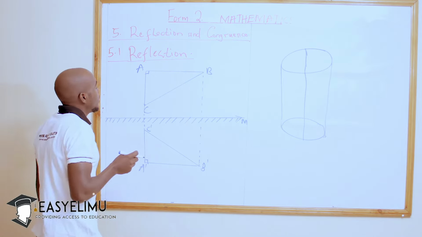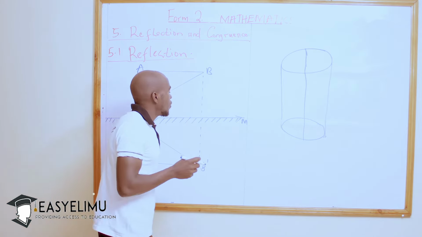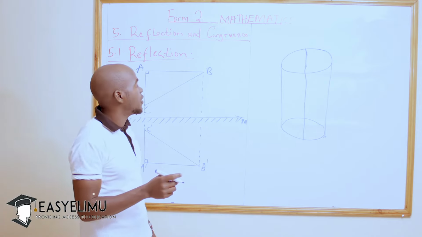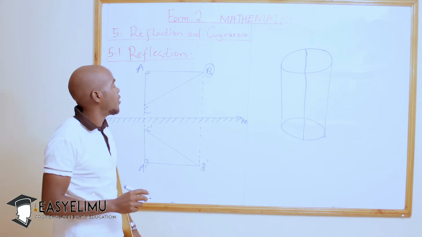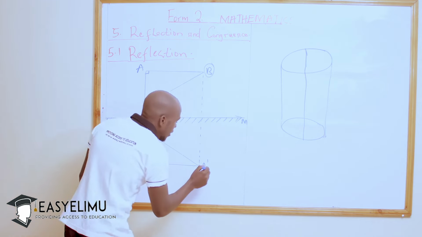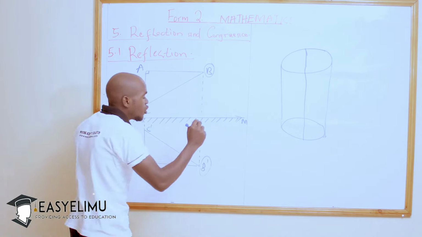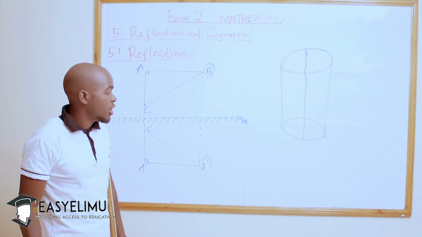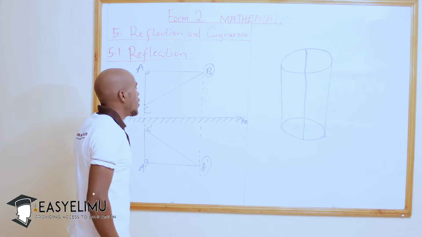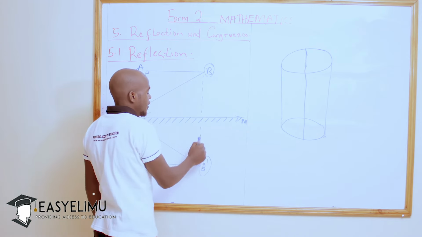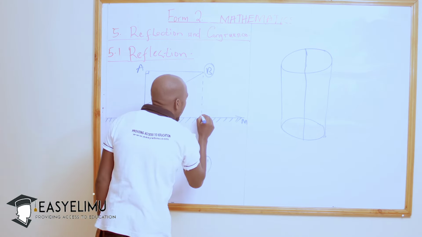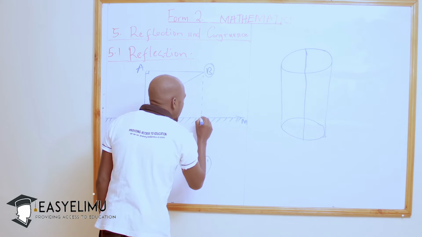And you will find that those lines which join the points of the object, for example, let's take B, and the corresponding image point, here B prime, the line joining them, as we can see this line here, is perpendicular to the mirror line.